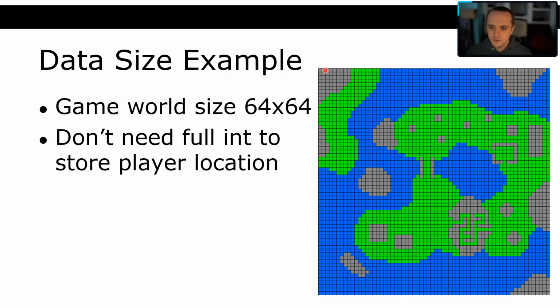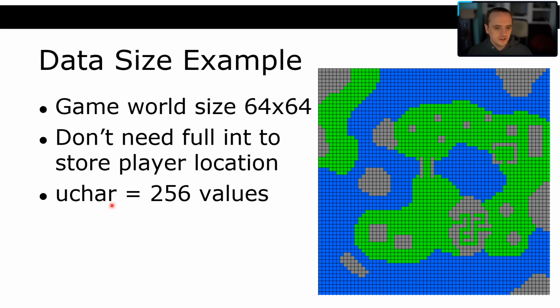So if we know that the player's location is going to be between 0 and 63 in the X and 0 and 63 in the Y, well, a full 32-bit integer, we don't need that, that's too much information, right? Yes, we could store it in an integer, but why don't we use something smaller to try and use less data? So for example, why not try an unsigned char?